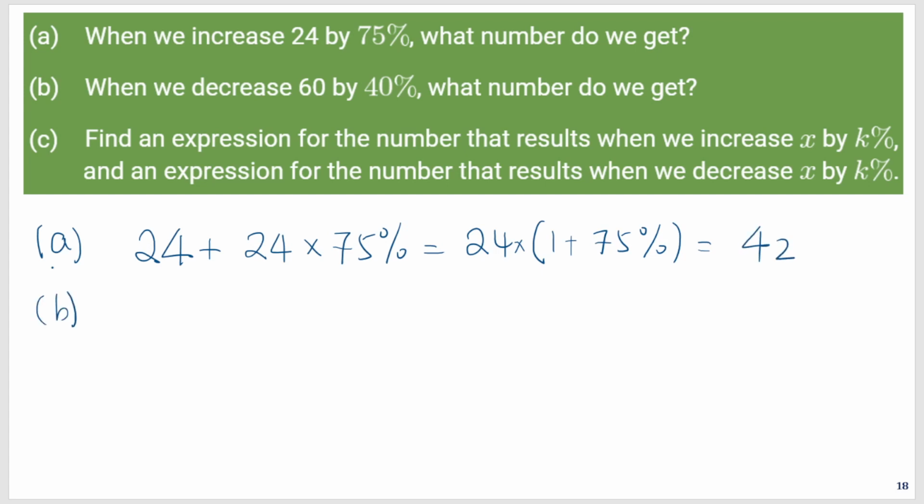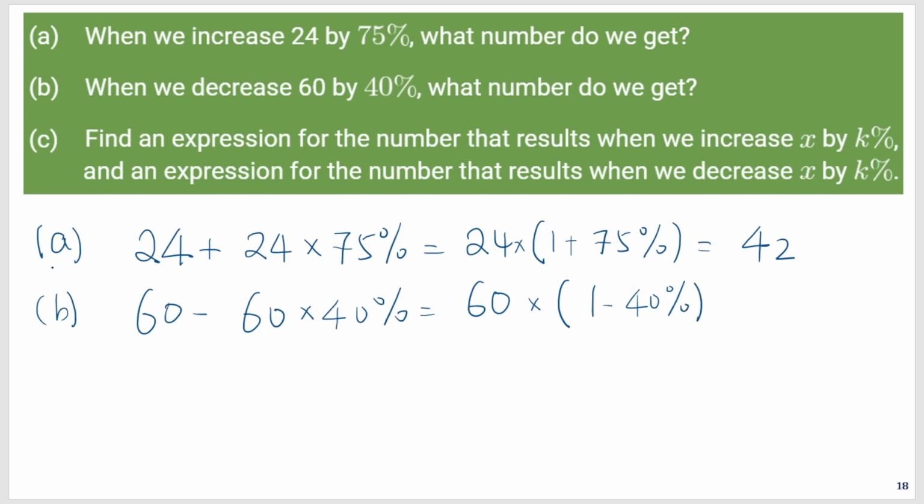For the second question, decrease 60 by 40% means 60 minus 60 times 40%, right? And this gives us, we can put 60 in front, so that gives us 60 times 1 minus 40%, and this gives us 36, right?